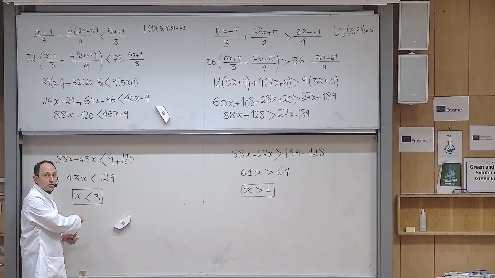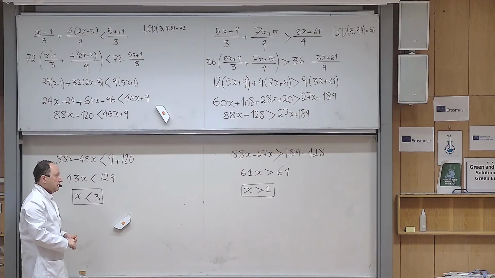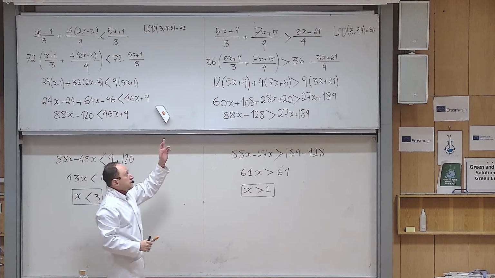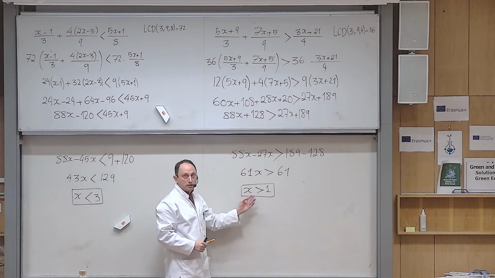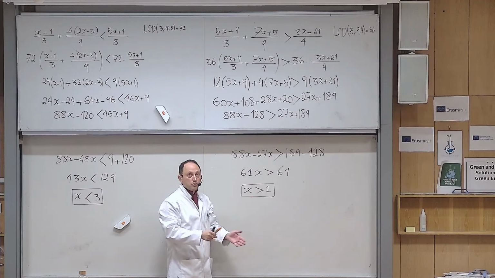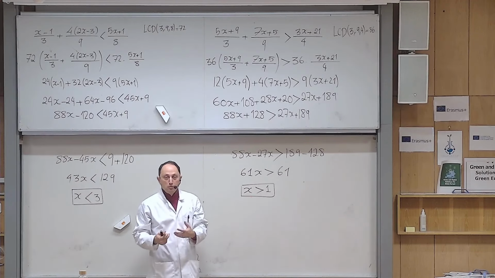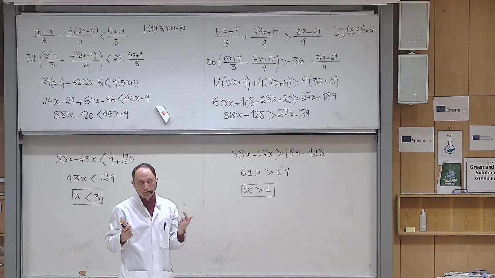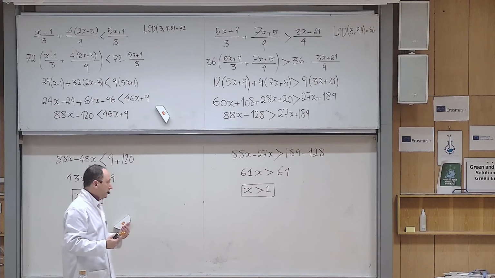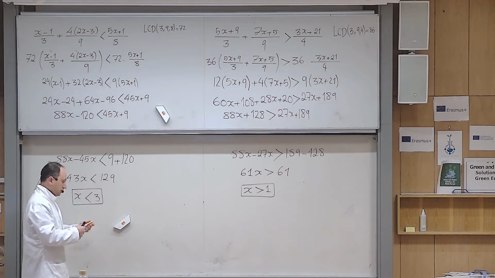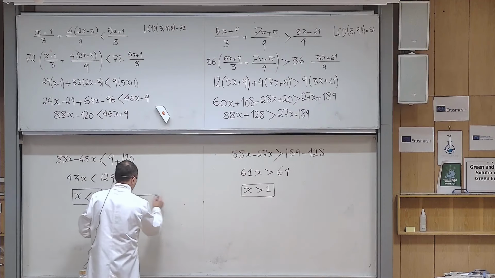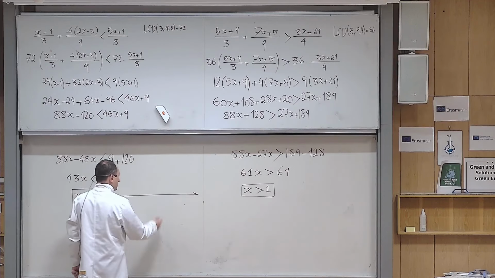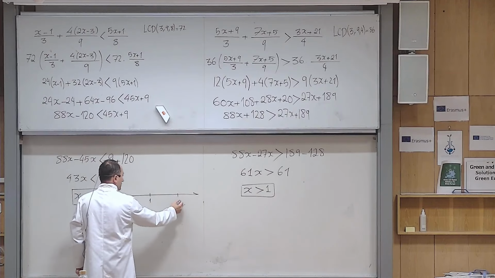So x cannot go beyond 3. But if I want to satisfy that inequality, I have to respect this condition. So x cannot go below 1. Now my goal is to simultaneously satisfy these two conditions. On the one hand, I cannot go above 3. So if I want to draw an x-axis, let us say here is 1, here is 3.